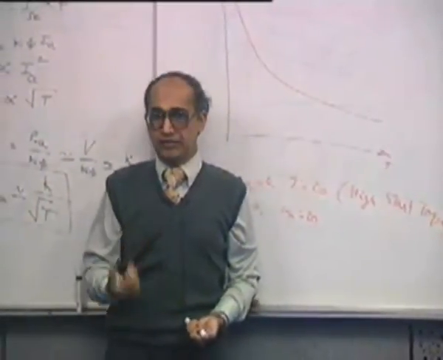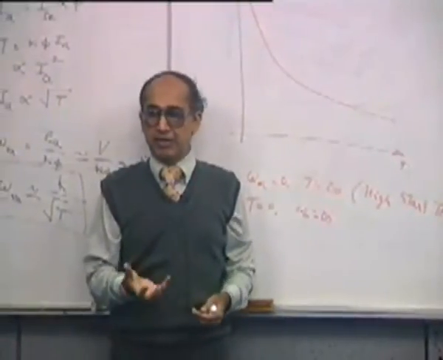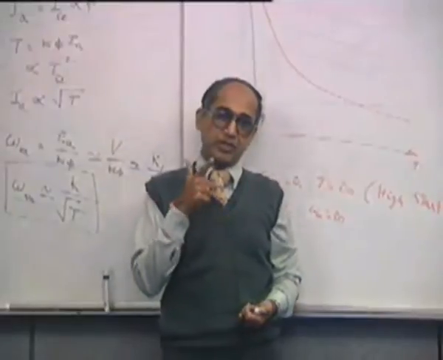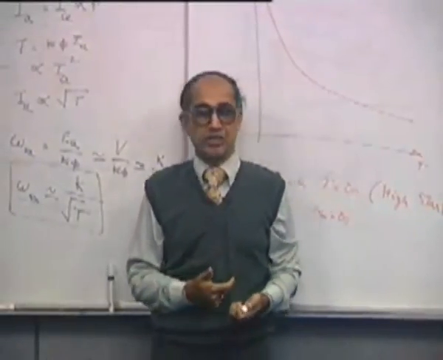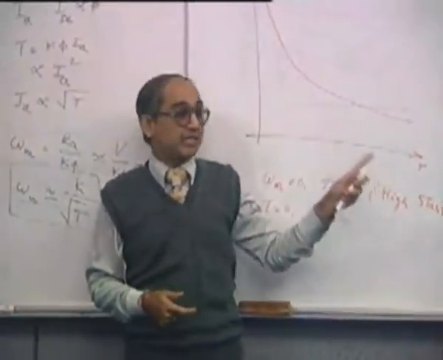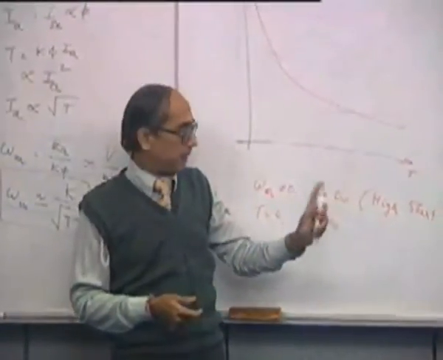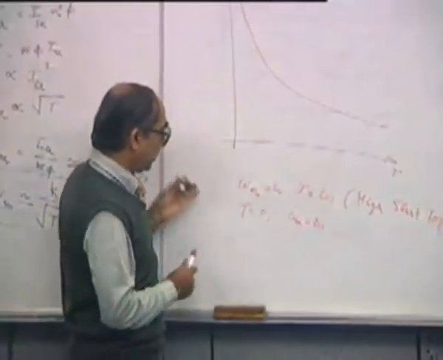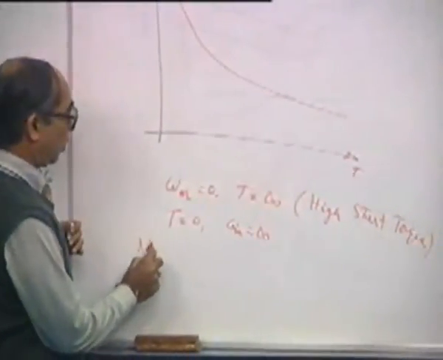Similarly, cranes, lifts, hoists start with load. So wherever you need that, you use series machines. This is a typical series characteristic, which requires high starting torque. Then you should never start on no load. Another important thing you must remember: never start on no load.